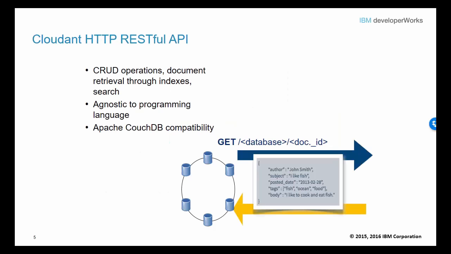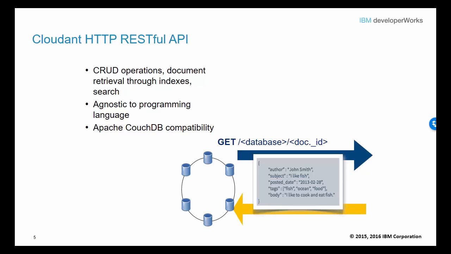The Cloudant programming interface is via an HTTP RESTful API. And here's an example of a typical call where I can get a particular document by its ID. And we'll actually talk more about this in a few more slides. So the APIs support your normal CRUD operations like creating, retrieving, updating, and deleting documents, as well as retrieving documents via customized searches.